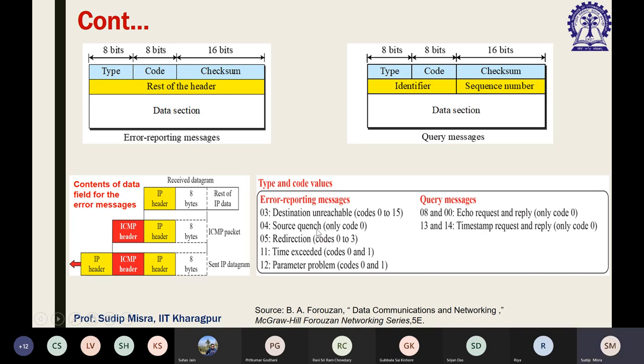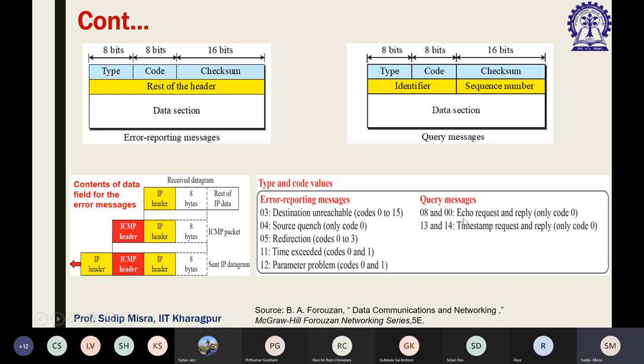Then there is something called source quenching, which has code 0. I'm going to tell you what source quenching is very soon. Redirection, if a packet has to be redirected, uses codes 0 to 3. Time exceeded, codes 0 and 1. Parameter problem, codes 0 and 1.